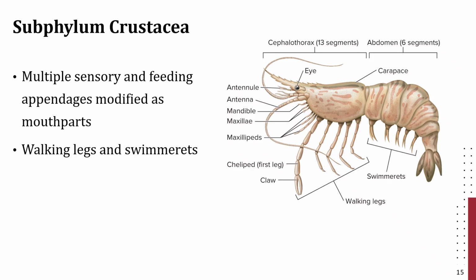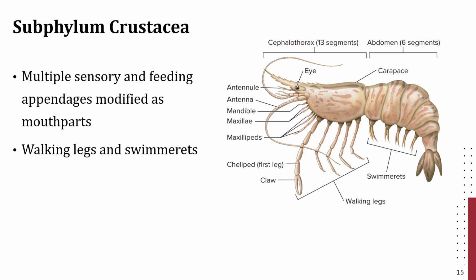We also have, pulling back a little bit in our arthropods, the subphylum Crustacea. These are going to be organisms like our lobsters, our crayfish, things like that. They have extensively modified segments.